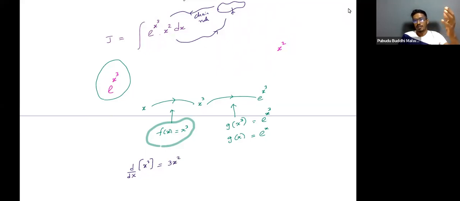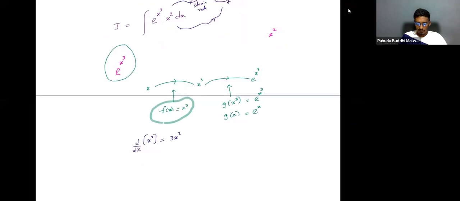If you observe that integral, here we have x squared, but I can easily create 3x squared there. Just multiply and divide by 3.